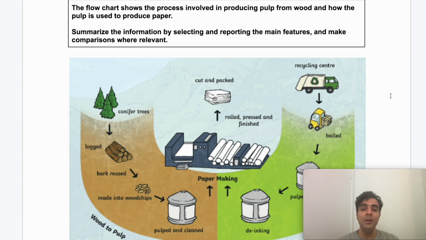And so whenever there are no numbers involved, you know that you're dealing with qualitative data. So here we have a qualitative chart that is showing a process. So you see, if it's not quantitative, then it can't be interval or discrete, because interval and discrete were subcategories of quantitative data.